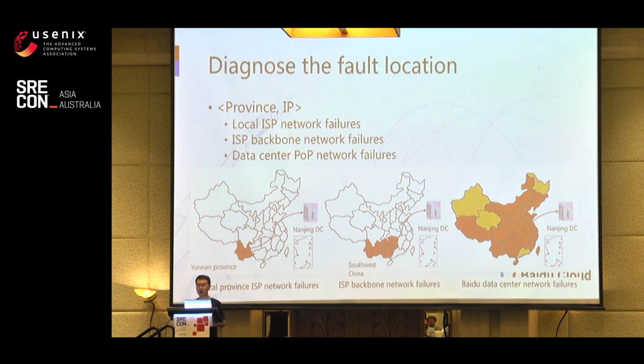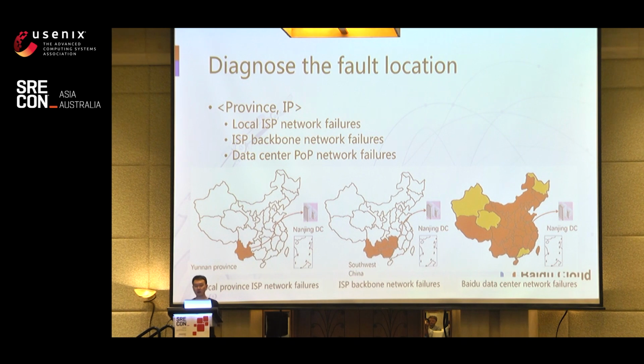The type of failures can be determined by the following judgment method. When failures are concentrated in one province, we think it is a local SP network failure. When failures are concentrated in multiple provinces in one area, we believe that an SP backbone network failure has occurred.